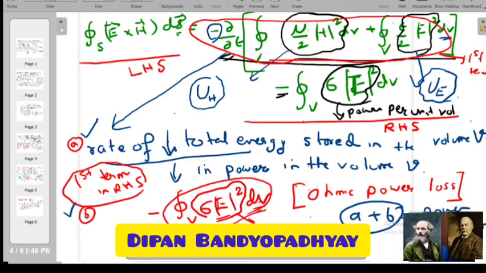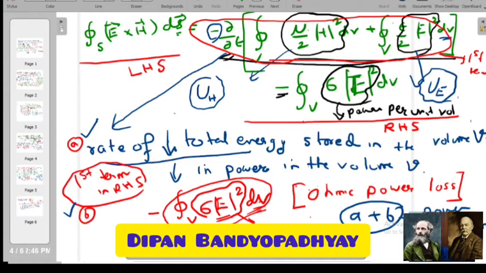So we need to maintain the conservation of energy. If we want to maintain the law of conservation of energy, this power loss should be equal to the power leaving from the volume V. Why is this power getting lost? Because the power is leaving from the volume.